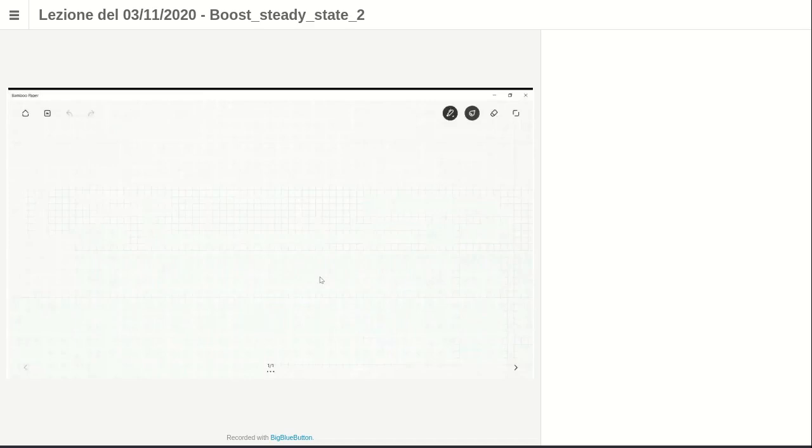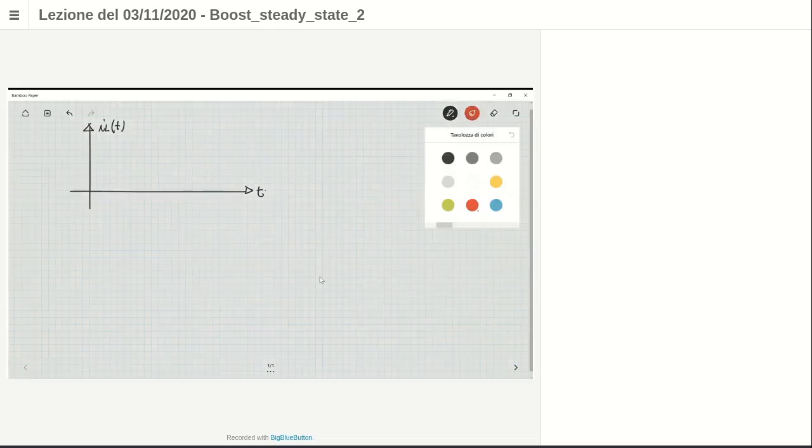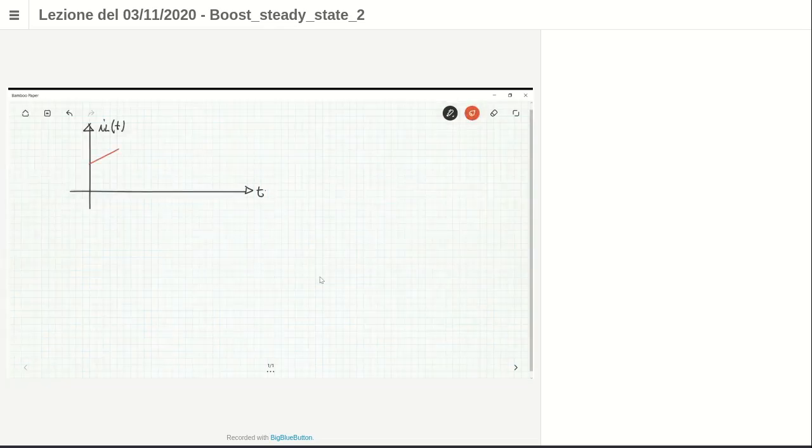Okay. So, yesterday we derived parameters that are related to the current through the inductor. This is the inductor current as a behavior in CCM, which is something like this.